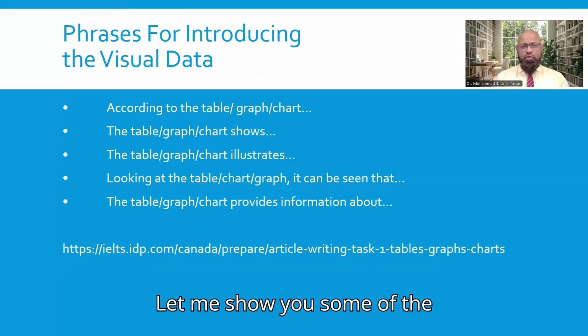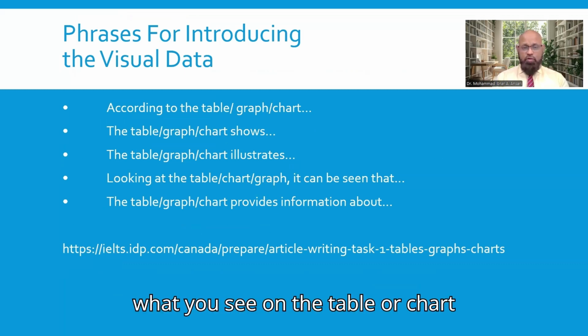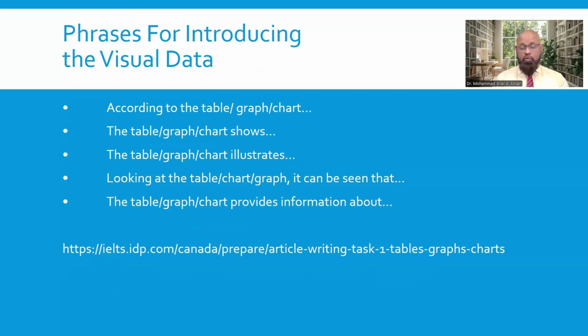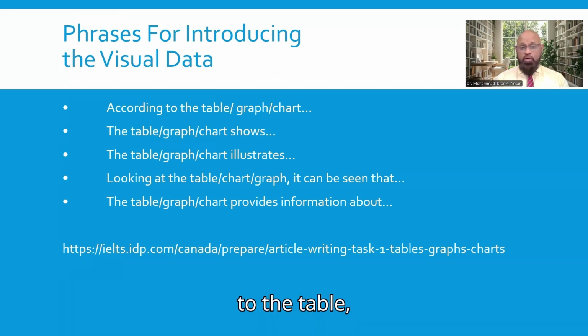Let me show you some of the phrases that you can use to report what you see on the table or chart or graphs. So you can use phrases such as according to the table, graph, or chart. The table or graph chart shows.